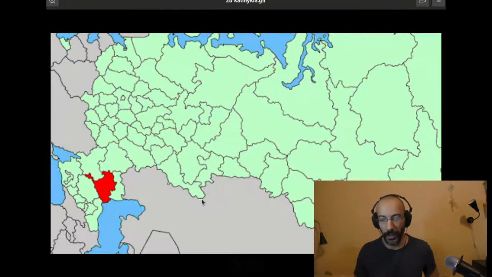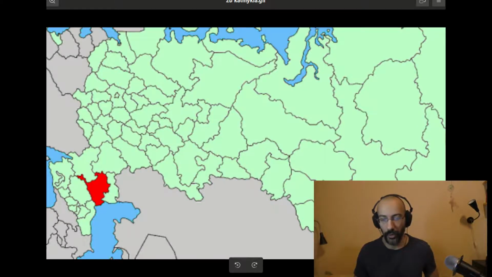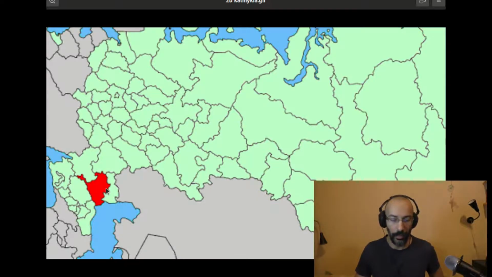But we have to use this new map because they live far away from this core area. During the first half of the 16th century, the Kalmyks, these Oirats, migrated from what is today Jungaria, northwestern China, across the Russian steppe and the Kazakh steppe to the estuary of the Volga River. And today they live here, and some of the Kalmyks still speak the Kalmyk variety of Mongolian.